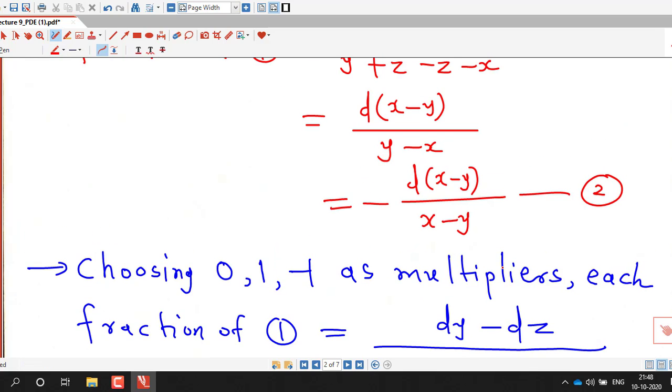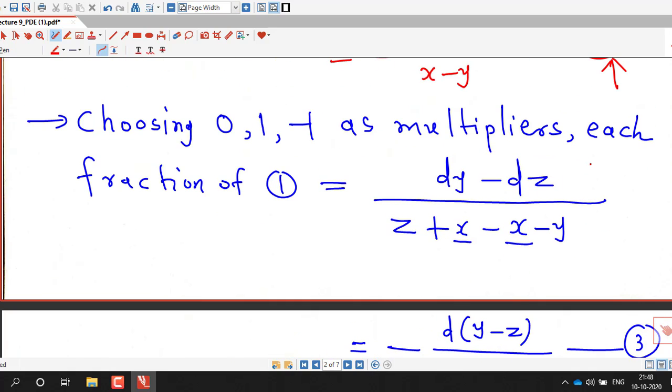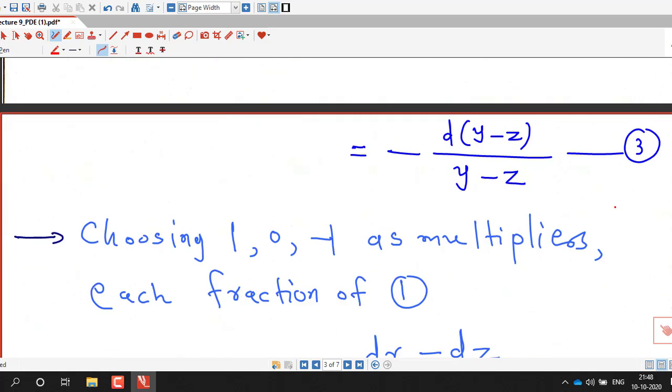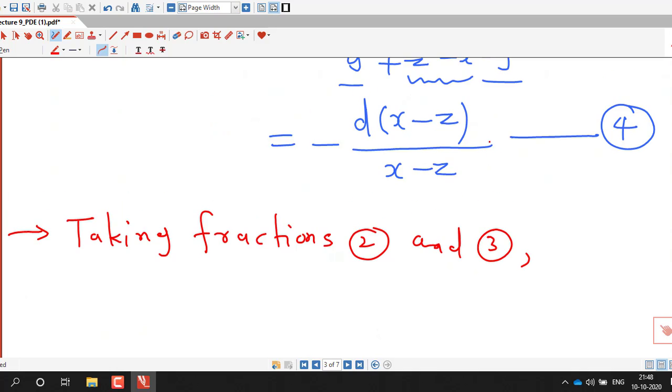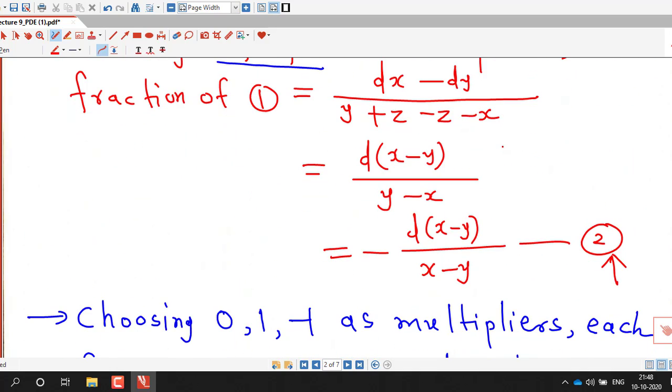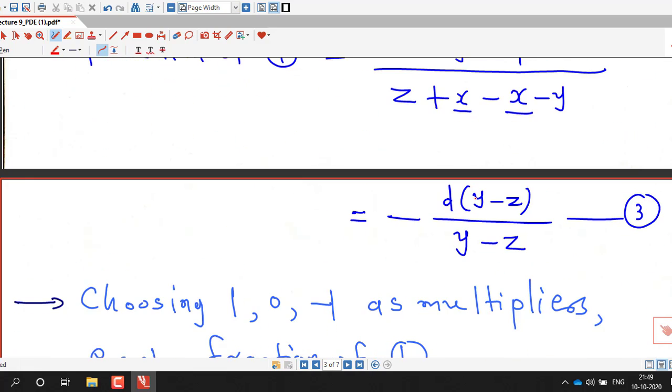So suppose we combine fractions number 2 and 3. Taking fractions 2 and 3, we have d of x minus y divided by x minus y, and here we have y minus z.